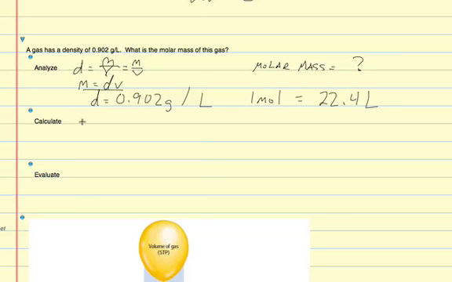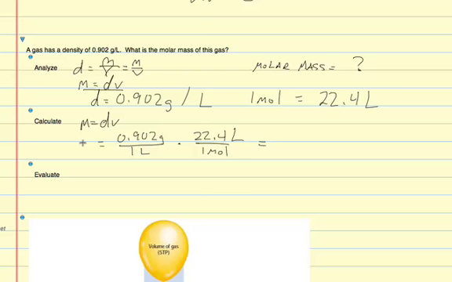So we're going to use that formula, mass equals density times volume. We know that the density is 0.902 grams per 1 liter. We don't even know what the gas is, so we don't have to have any more labels there. Times the volume, 22.4 liters, and that's the volume of 1 mole.